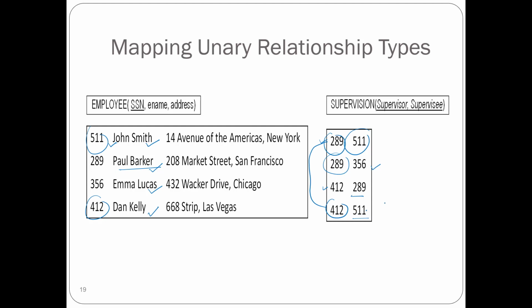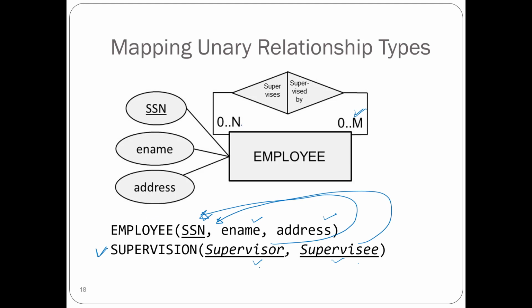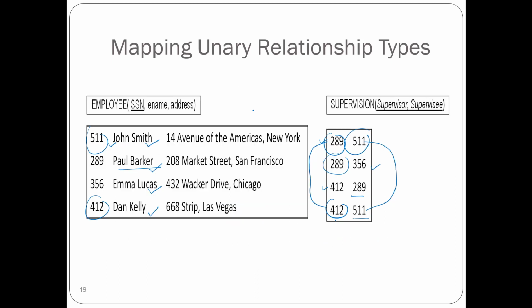Who are these? These are 412, Dan Kelly, as well as 289, Paul Barker, right? So this part is also satisfied, that an employee is supervised by multiple supervisors.